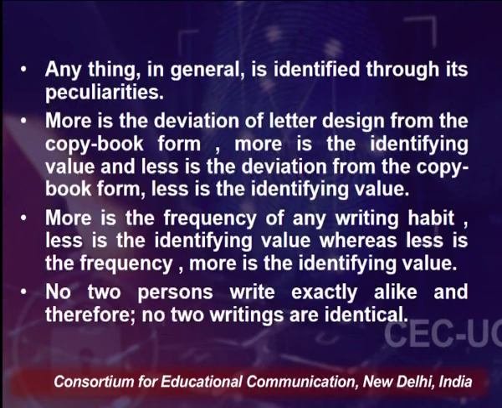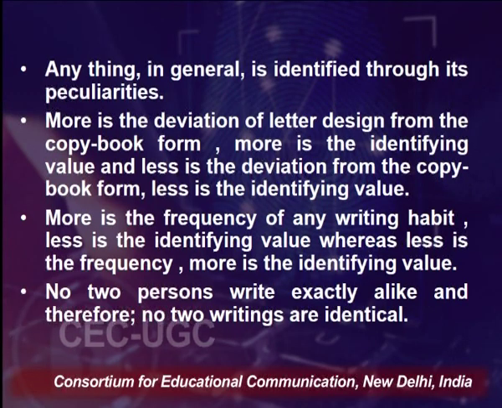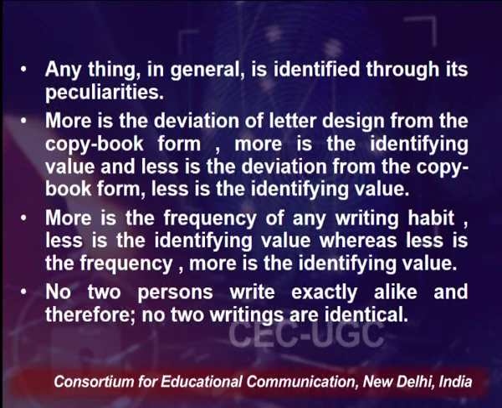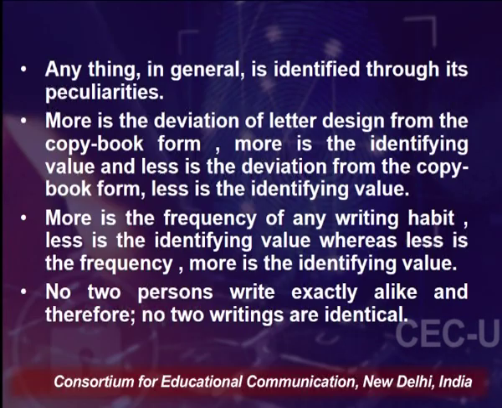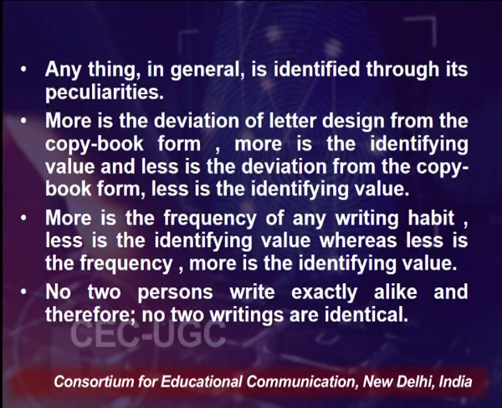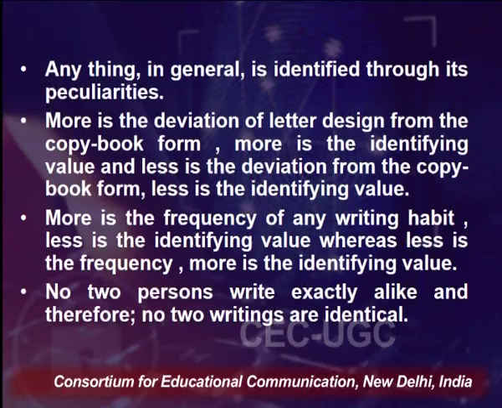Anything in general is identified through its peculiarities. The more the deviation of letter design from the copybook form, the more the identifying value. A person who writes in a very specific way, making designs in the handwriting in very peculiar ways and with a peculiar way of writing numbers, has a much greater chance of identification of his or her authorship, because that is different from what is present in the copybook form.